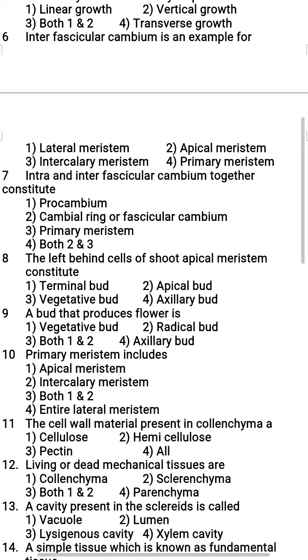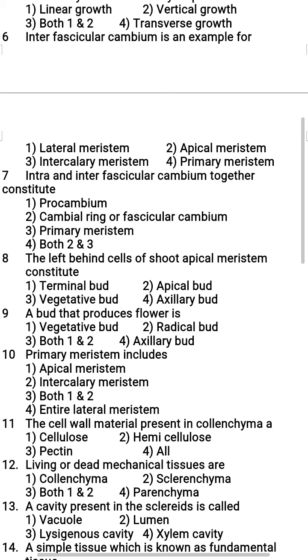Then this axillary bud in future develops as new branches and flowers. Got it, everybody? So the leftover cells of shoot apical meristem are called axillary bud. The axillary bud in future develops as new branches and flowers.